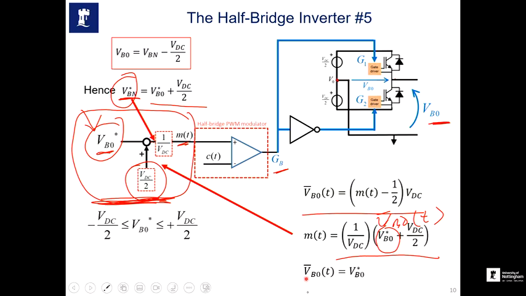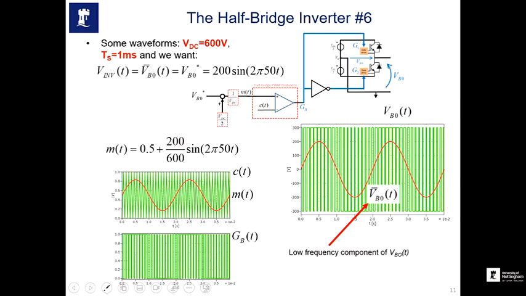So VBO average is equal to VBO star. If you use this kind of PWM block, you can use the required AC output voltage as a reference to your PWM block, and that will give you the AC output accordingly. Okay, so let's have a look at an example.